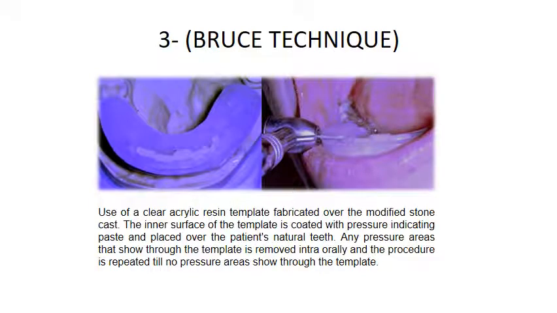Any pressure area will appear where the tooth comes in contact with this clear acrylic. This means that this tooth has a high spot and needs modification, and we continue to correct this condition until no pressure area shows through the template.